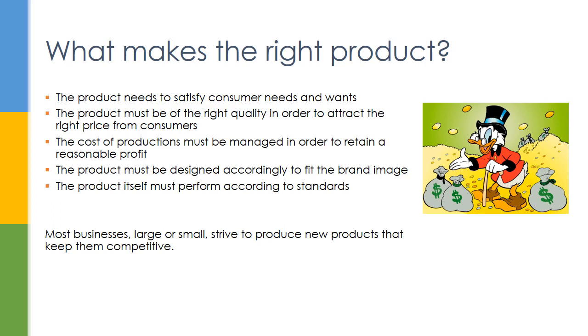Now, when you think about the consumer, you always have to produce the right quality at the right price. This is very carefully worded, because quality does not have to be excessive.